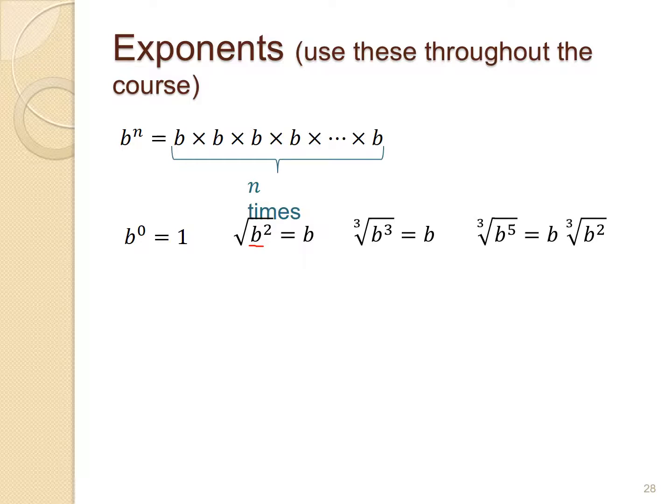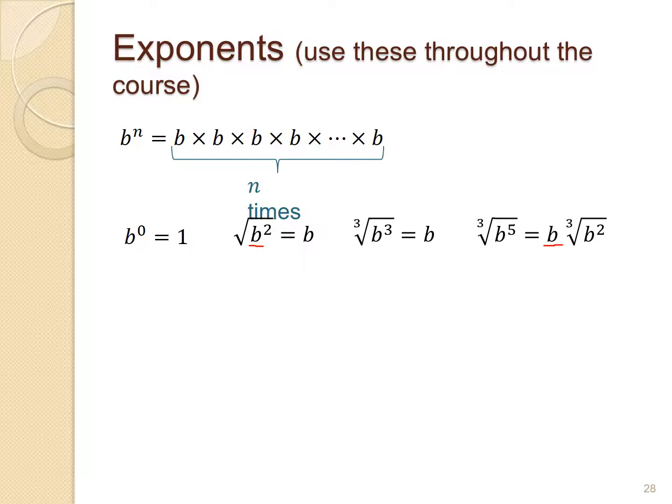When you see this, remember, every time you have a group of 3 of these, you can pull out one of them. So you can think of this as b times b times b. Well, then I can pull out, because of this, and I get b. So that comes to the outside here. Now, this is b times itself 5 times.